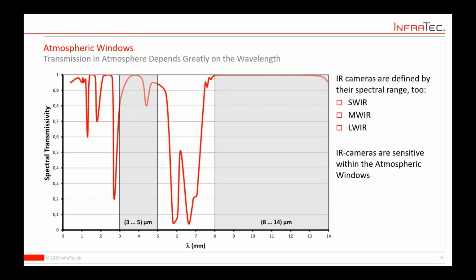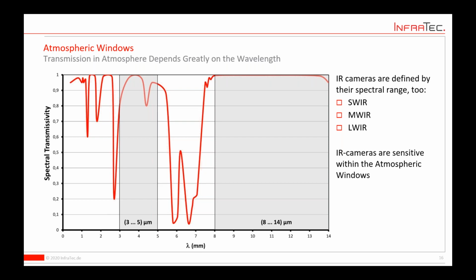In addition to this, you have to know that IR cameras are manufactured for the so-called atmospheric windows. Simply, the air that surrounds us is not transparent for IR radiation over all wavelengths. So we have these typical IR windows in midwave, there's one here from 3 to 5, and the other one, the most likely one, is from 8 to 14 micrometers.